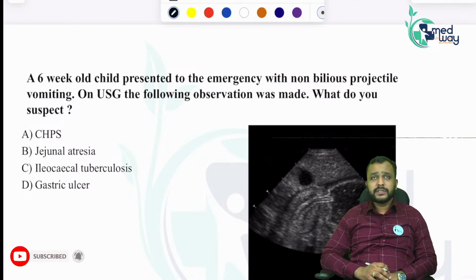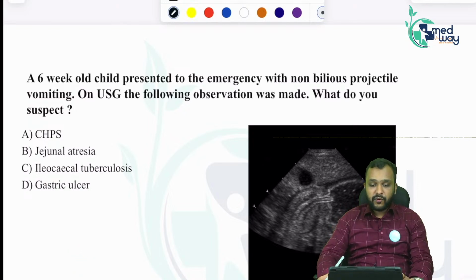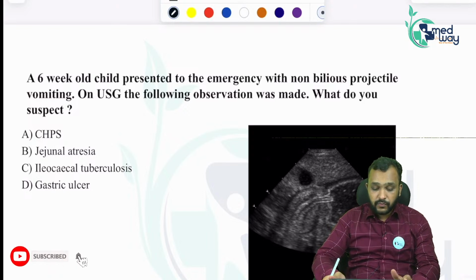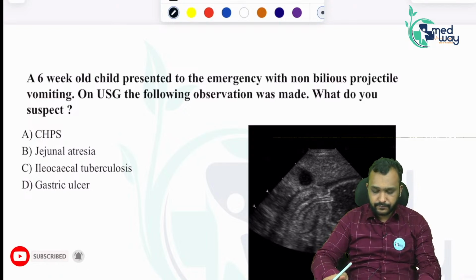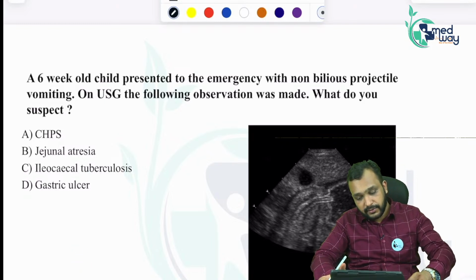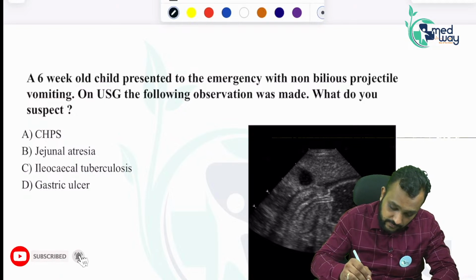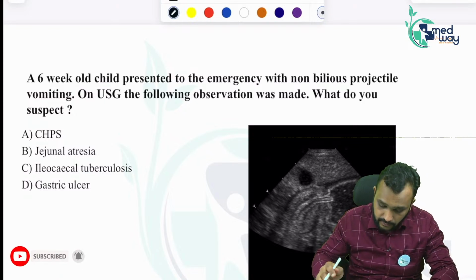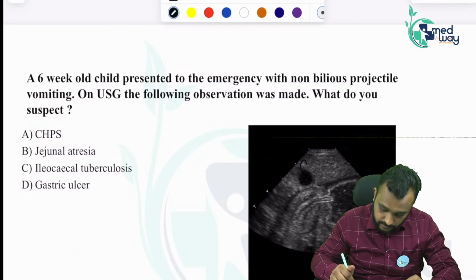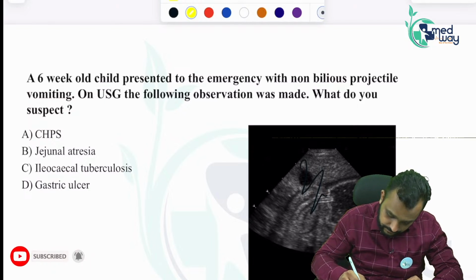A 6-week-old child presented to the emergency with non-bilious projectile vomiting. On USG, the following observation was made. What do you suspect? On USG, you will see that this patient is having thickening of the pylorus.